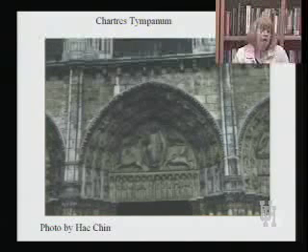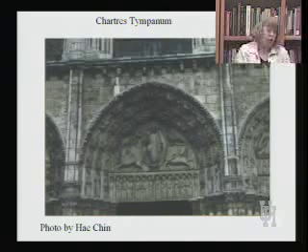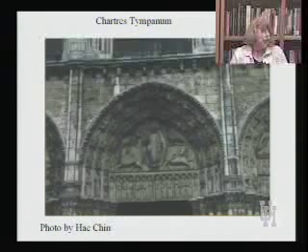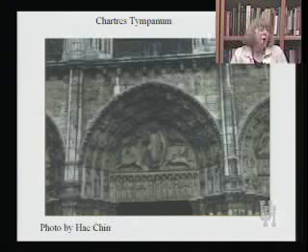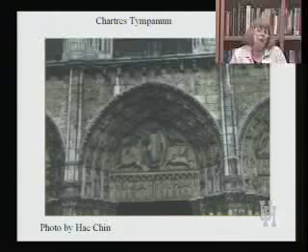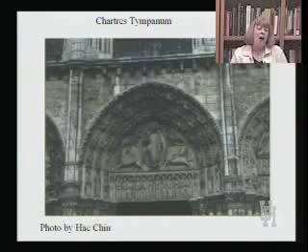And the Gothic cathedral was envisioned as symbolic of the entire universe and all of world history, all the people, animals, the history of the entire world and the universe is articulated in the Gothic cathedral.